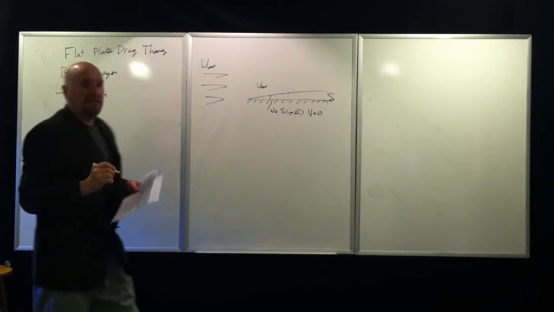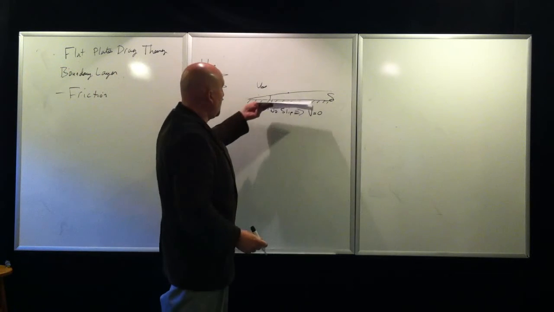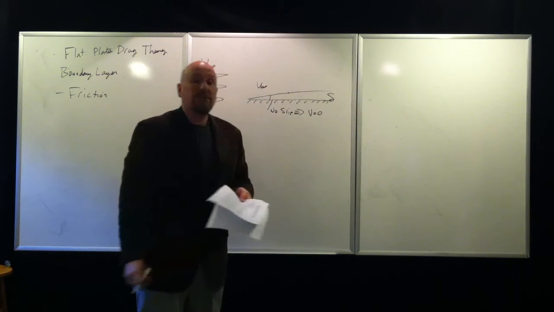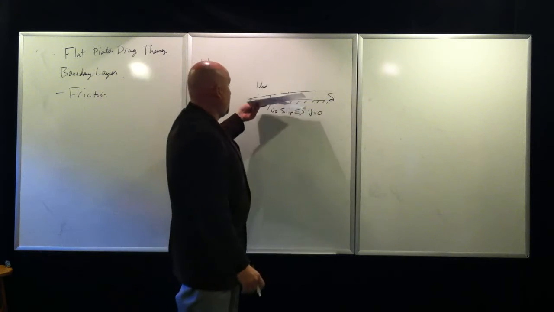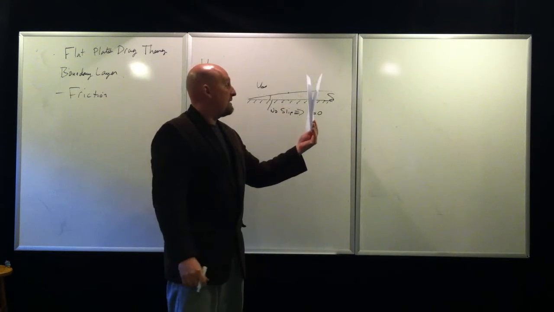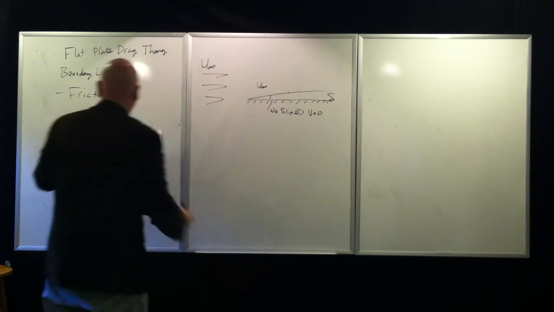And going over what we just defined last class, or a few classes ago, this is going to be a representation where you have a streamlined profile as opposed to a bluff body profile. So friction is going to dominate.